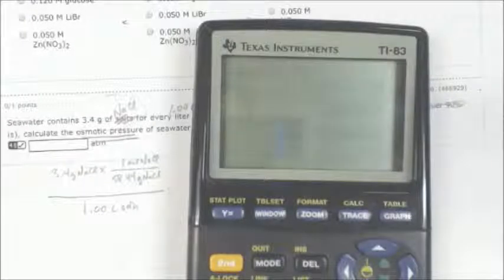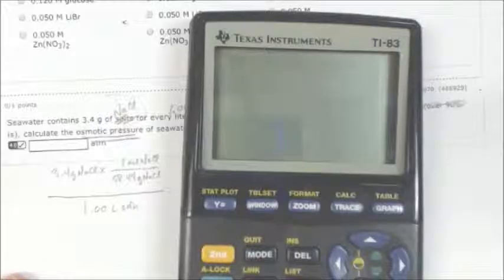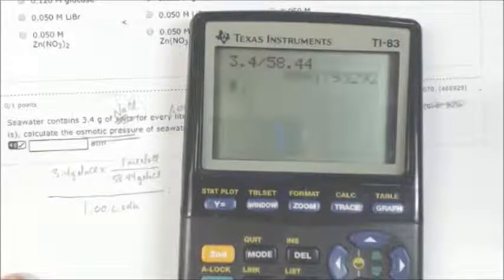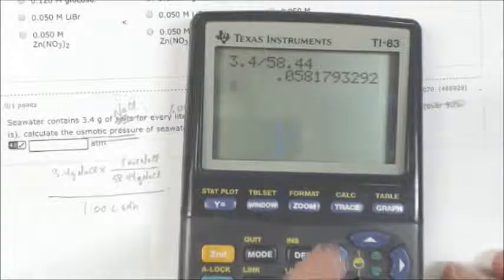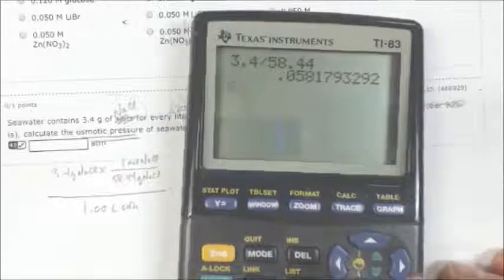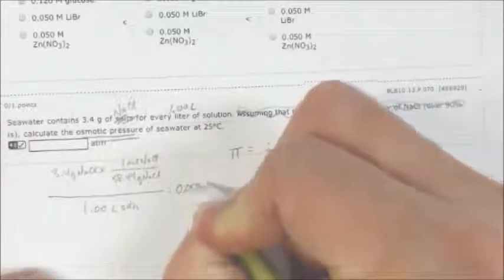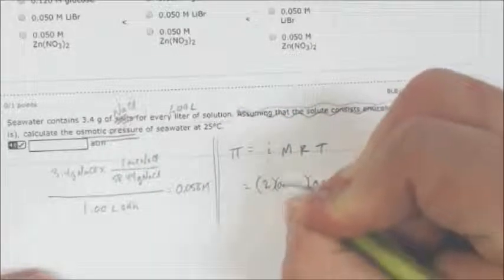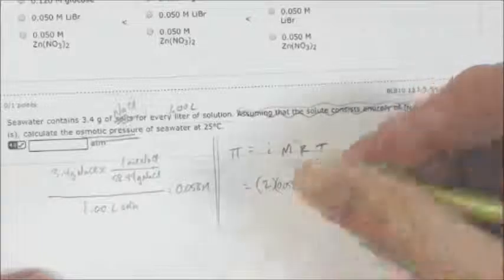So let's see what we got here. 3.4 divided by 58.44, and then divided by 1, of course, is going to be the same number. So it's 0.058 with 2 sig figs. So 0.058 molar. Let's drop that in right here, 0.058.